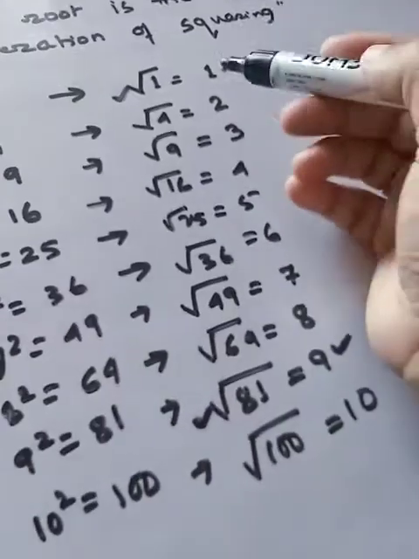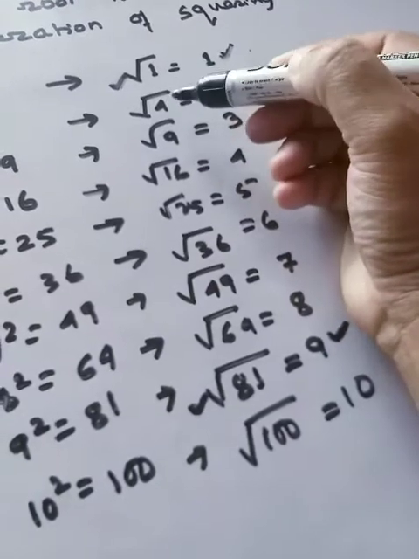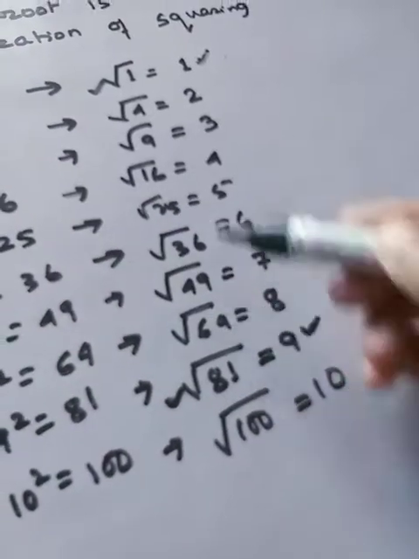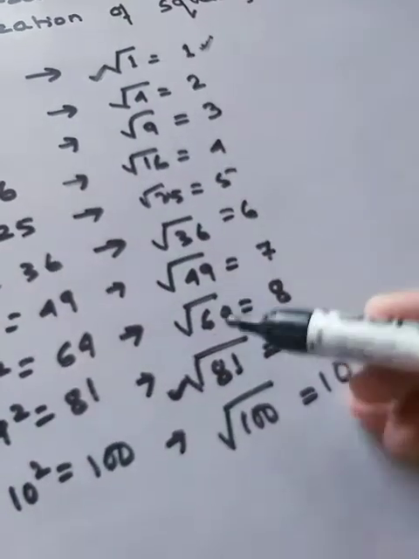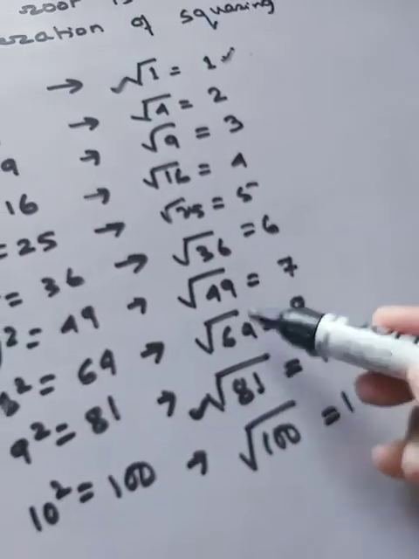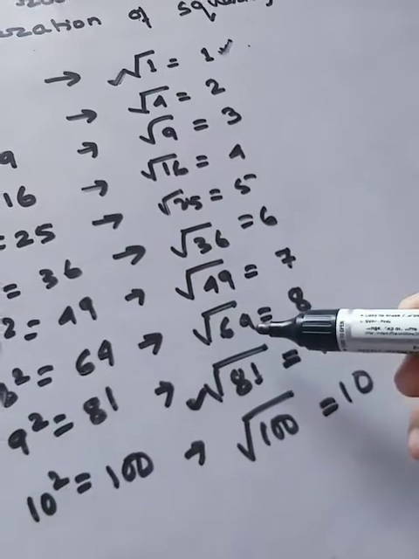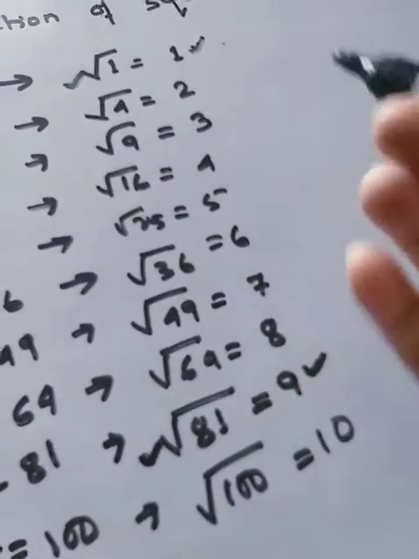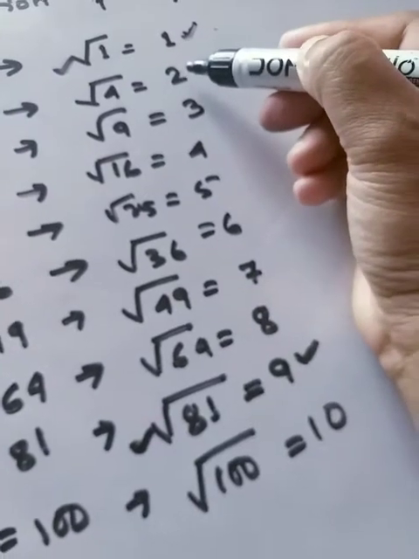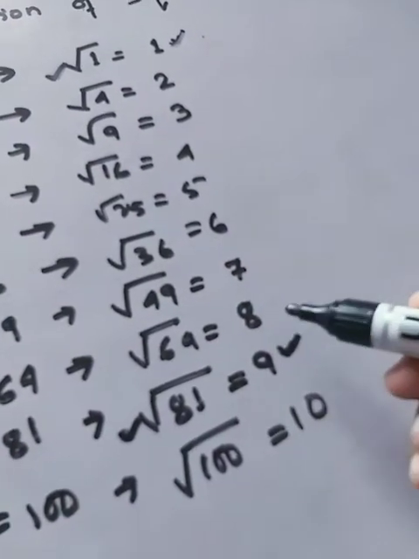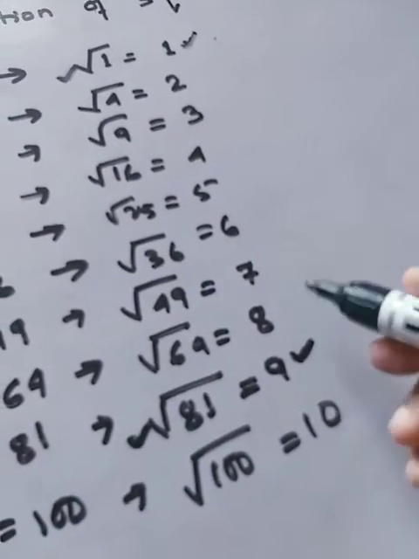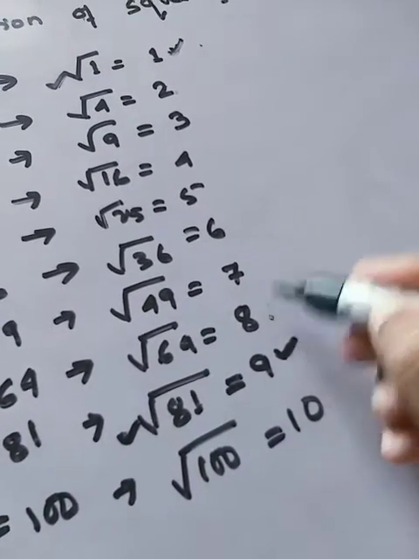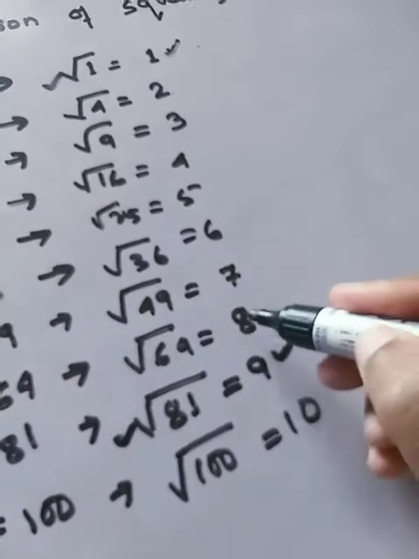Okay, so now the next thing that we'll see is a number which carries 4 as a unit digit number. So the square root of all those numbers which carry 4 as a unit digit number will have either 2 or 8 as a unit digit number. Understood? 2 or 8 as a unit digit number, because 2 2s are 4, or 8 8s are 64.